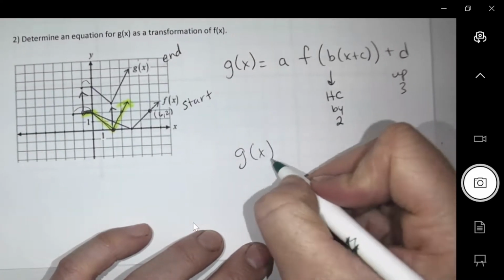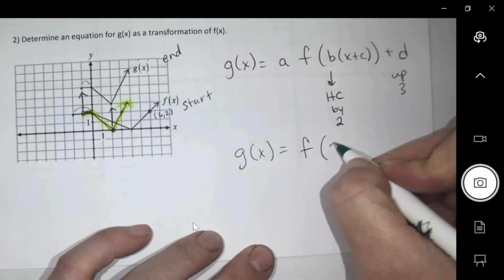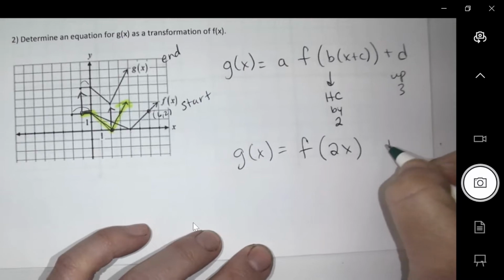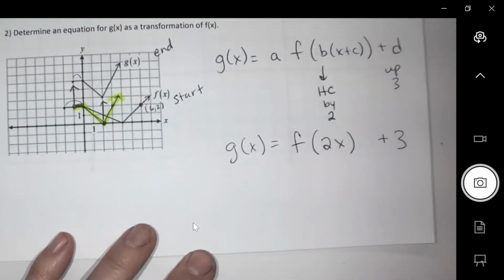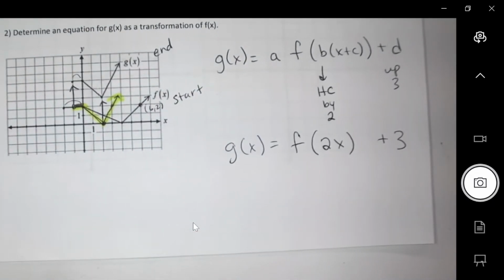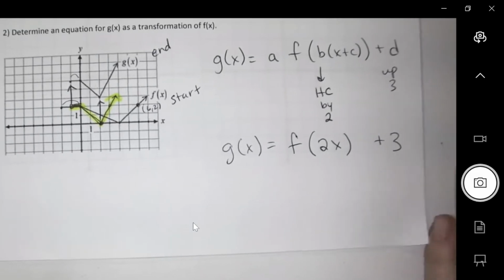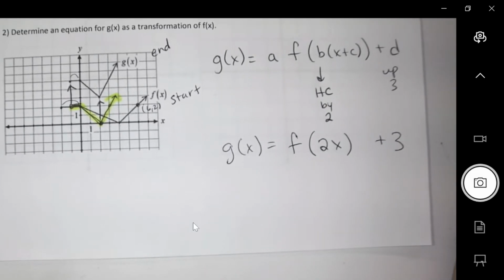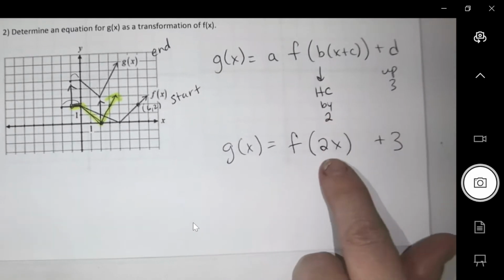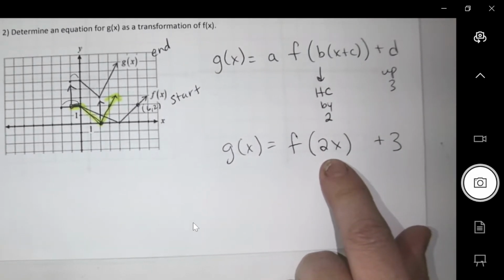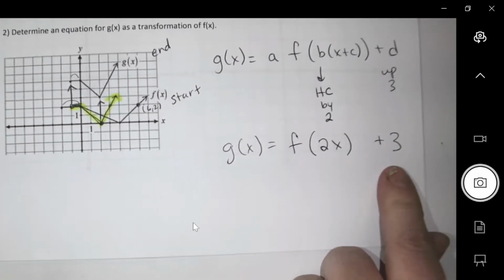So g of x equals f of 2x and then plus 3. I am confused. Well, I horizontally compressed it, so I need a 2 there. And then I moved it up 3, so I need a d of 3.